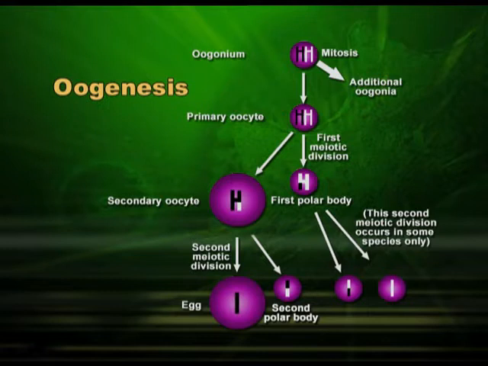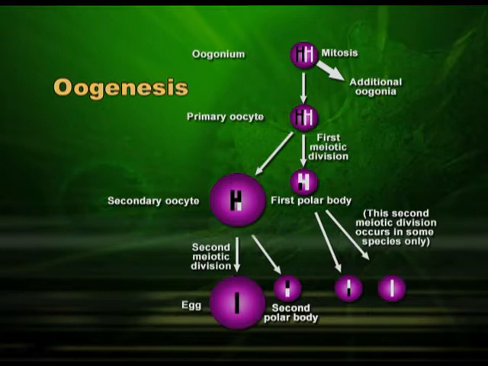And this primary oocyte will undergo meiotic division. Please remember, students, that meiotic division takes place only in the sex organs, testes and the ovary, nowhere else in the body. So, now this primary oocyte will enter into meiotic division, and the meiotic division has two phases, the first and the second. The first one is reduction division.